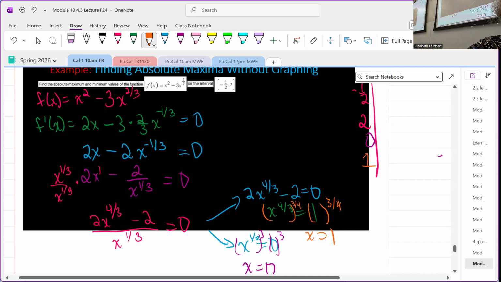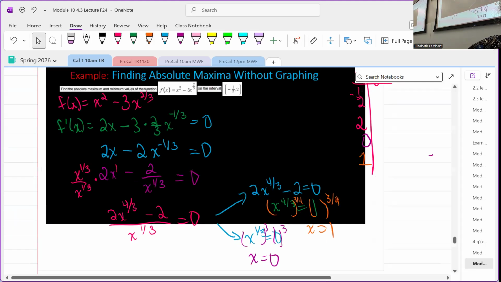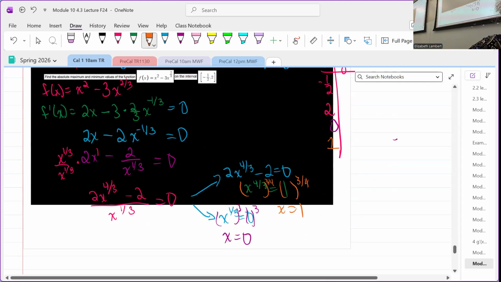So now we have 4 values that we have to check and find y values for to figure out what the absolute max and min of this function are. But before we do that, questions on how we found all the critical values here, because it is definitely a weird looking thing.